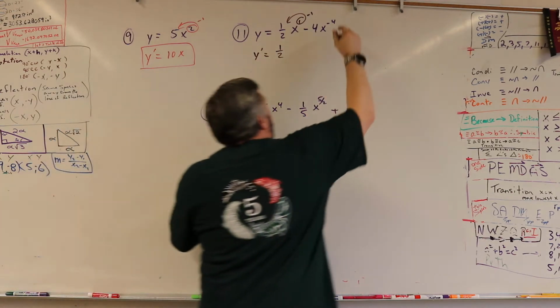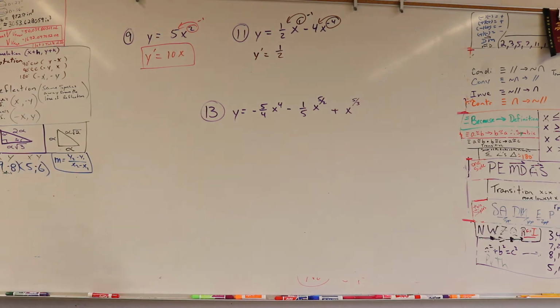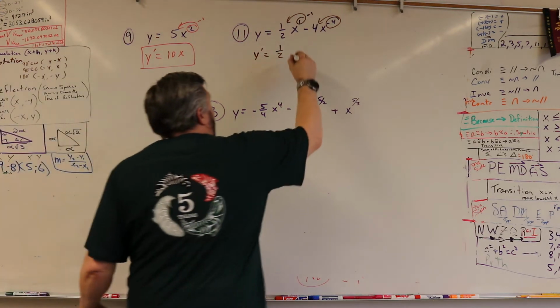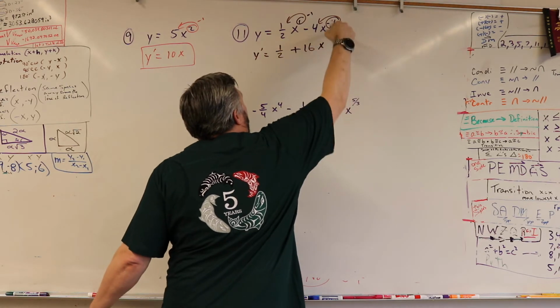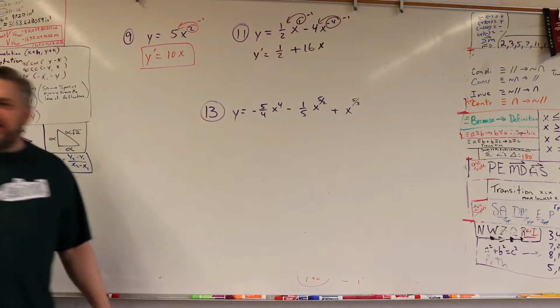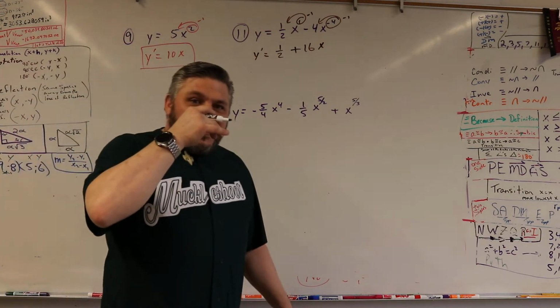Now we go to the next one. What's negative 4 times negative 4? 16. Positive, right? So plus 16, and then x to what power? If I take 1 away from negative 4, what power is that? Negative 5.